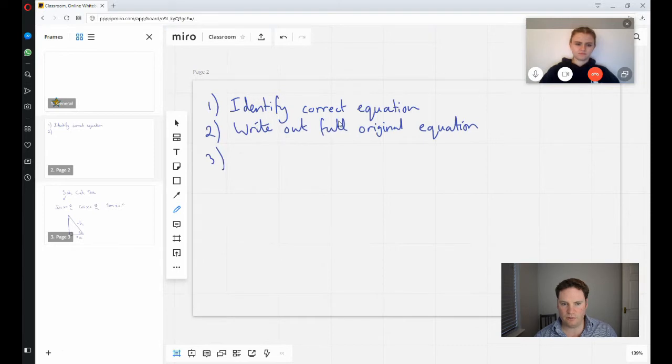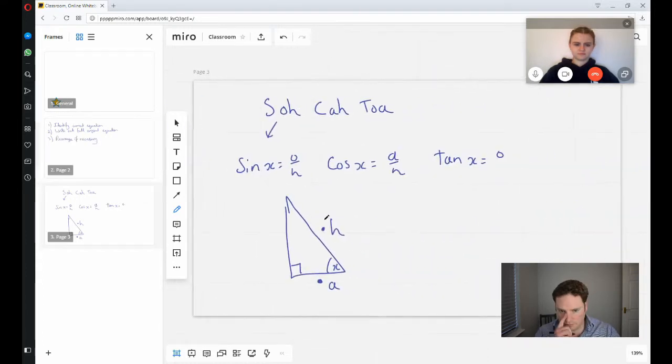Okay, so this is a step we're going to work on in a second, rearrange if necessary. Okay, so back to page 3.